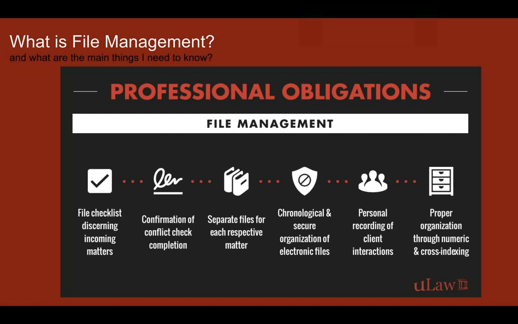And chronologically organizing them and securely maintaining these electronic files is really important. So you have to make sure that you have backups, you have maybe two-factor authentication, and you are also having those unique file numbers, whatnot, everything that you need to make sure the file management is intact.